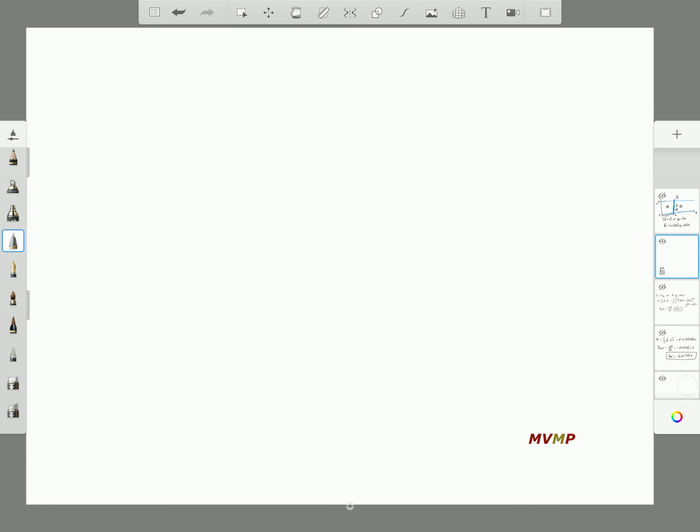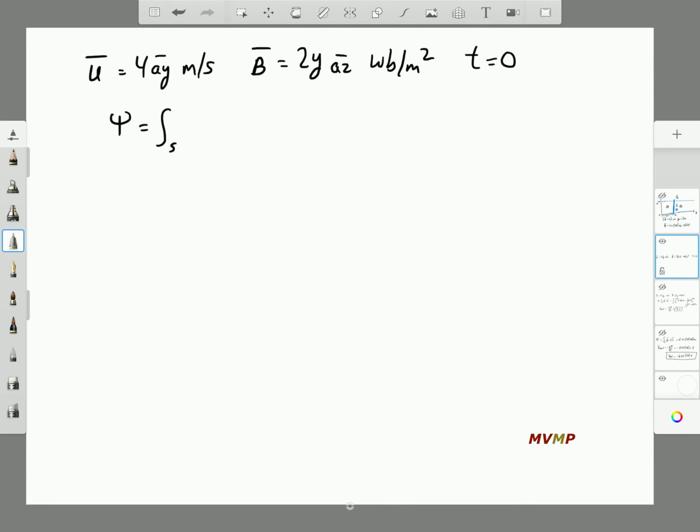So part C says when the rod is moving to the right with u bar equals 4ay, and our B is given as 2y az. And we are assuming that the sliding rod starts at the origin when t equals 0. So we're going to start with the flux, B times ds.